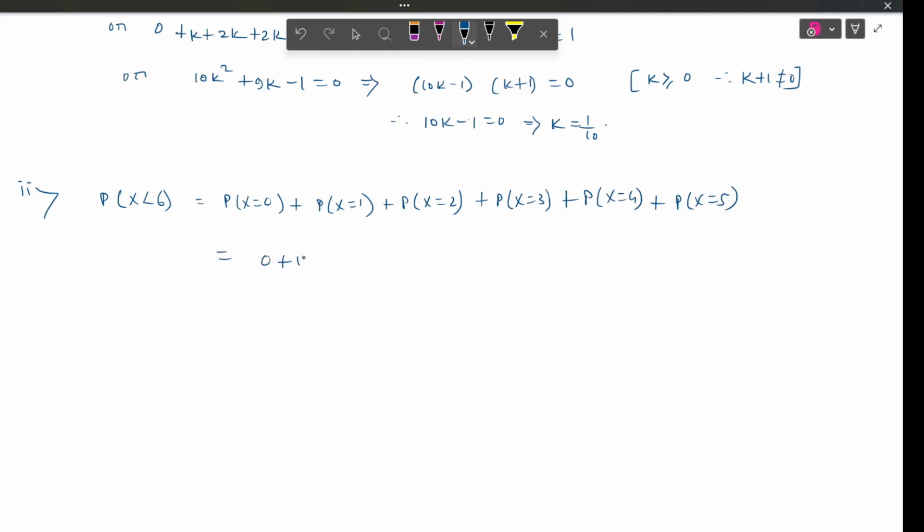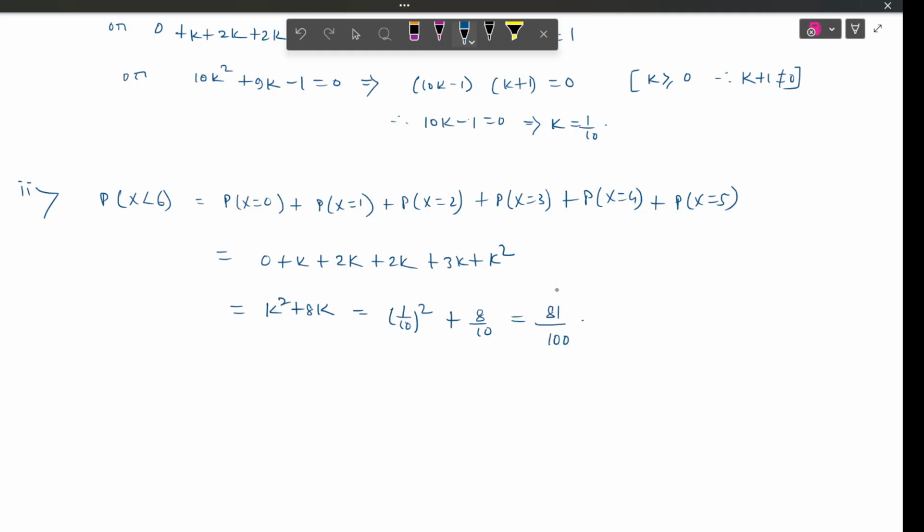So this should be 0 plus k plus 2k plus 2k plus 3k plus k square. This is k square plus 8k, and we know the value of k is 1 by 10. So it would be (1 by 10) square plus 8 into 1 by 10, that is 8 by 10. So it would be 81 by 100.